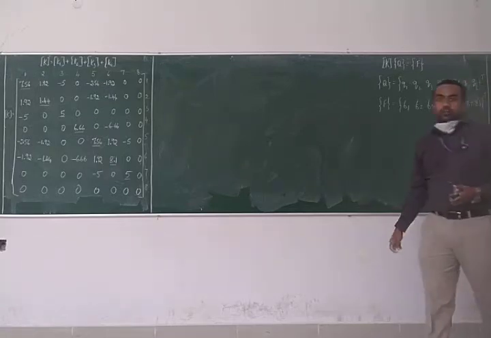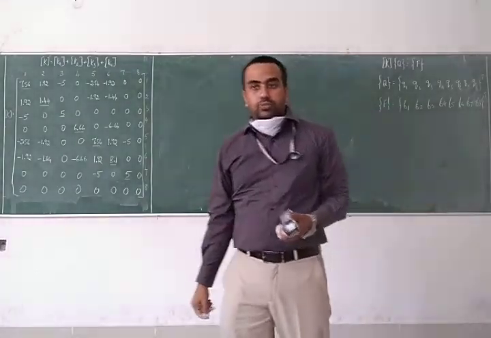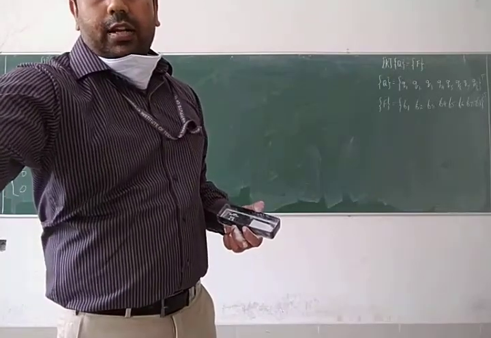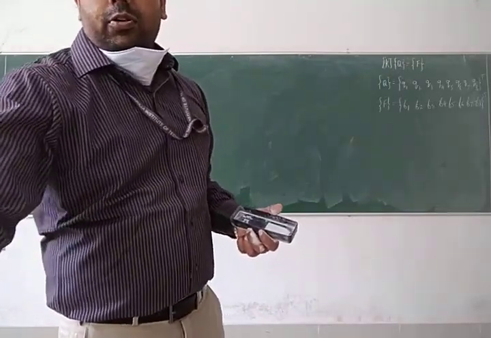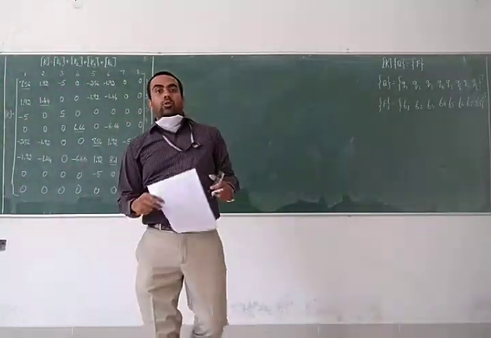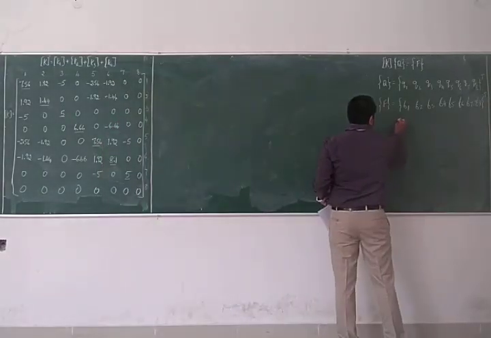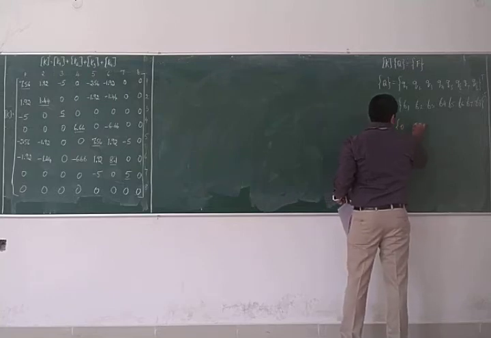But if you had observed in the problem, we have the values of F on node 2 as well as node 3. There are forces acting. So what are these forces that are acting at node 2 and node 3? 20,000 kilonewtons at node 2 along x direction. So x direction F3 value is 20,000 kilonewton. There are forces 0, 0.